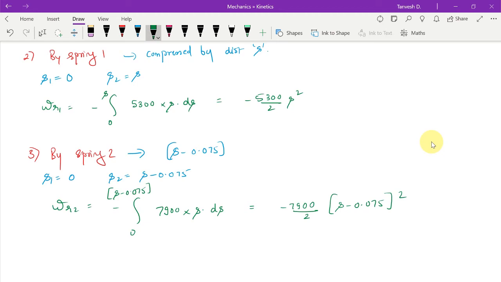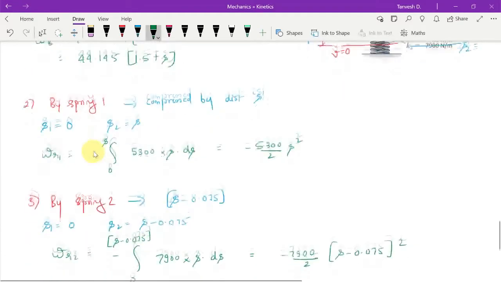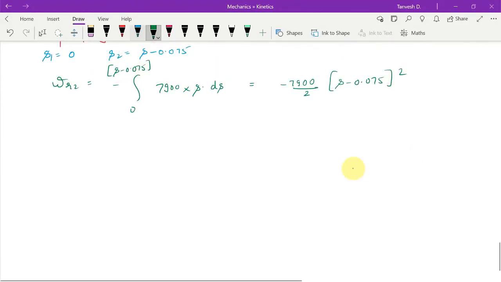Okay, now we can add all the works, that is equal to the change in kinetic energy.